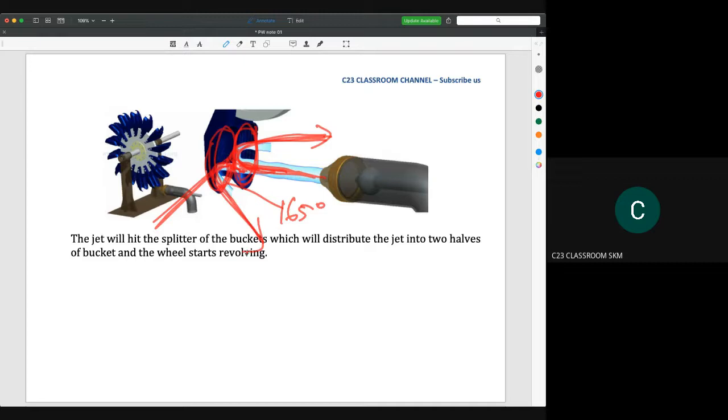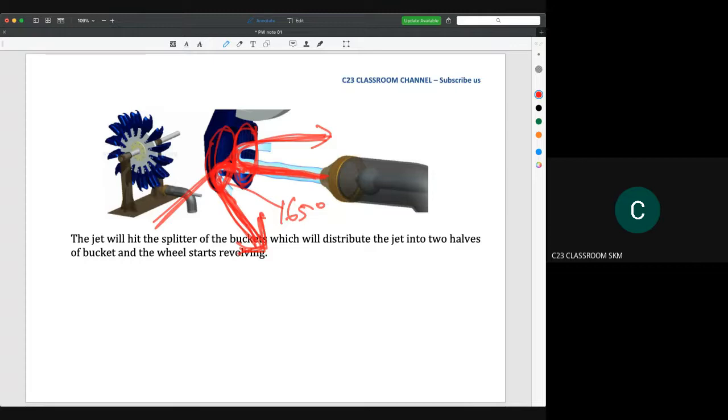First, we don't want the outlet water here to flow in the same direction as the inlet water, because it will reduce the efficiency of the Pelton wheel. At the same time, the direction of the outlet water must not hit the next bucket.